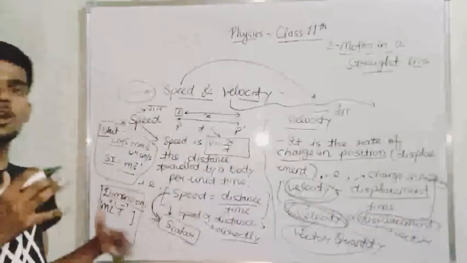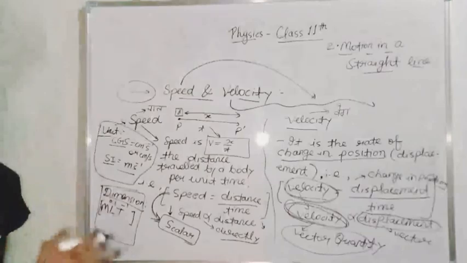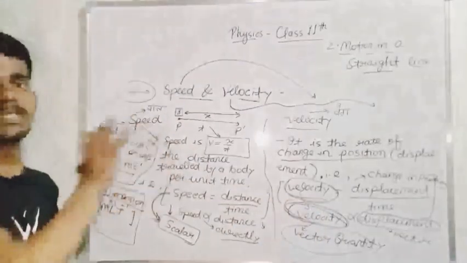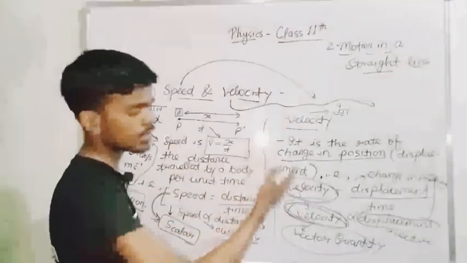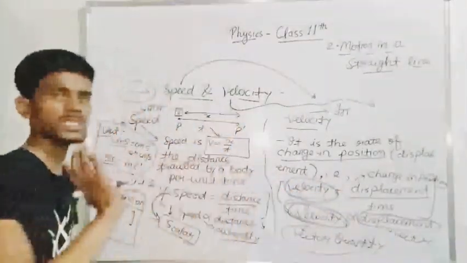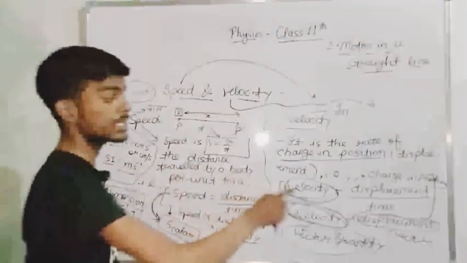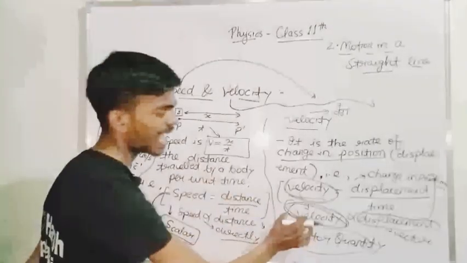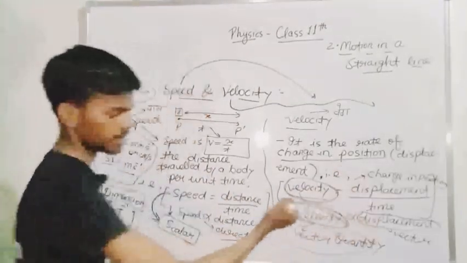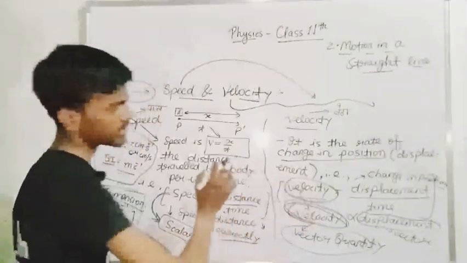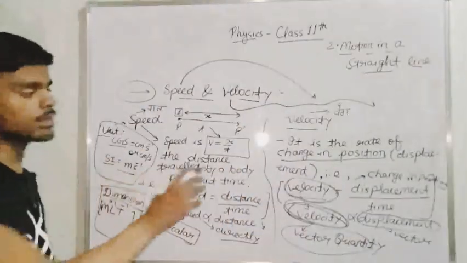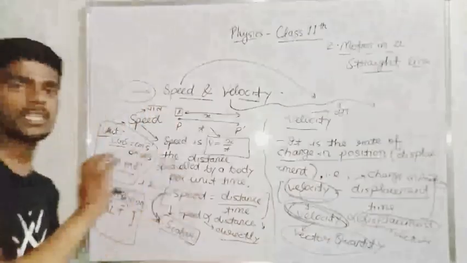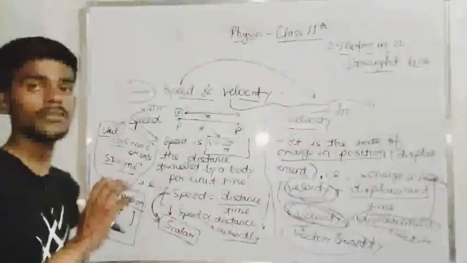It means if a body is displacing from one position to another, then the direction of the velocity with which the body is moving depends only on the displacement, not on the time, because time is a scalar quantity and displacement is a vector quantity. So we can easily say velocity has the direction equal to the displacement. Now we are clear on which thing the direction of velocity depends.